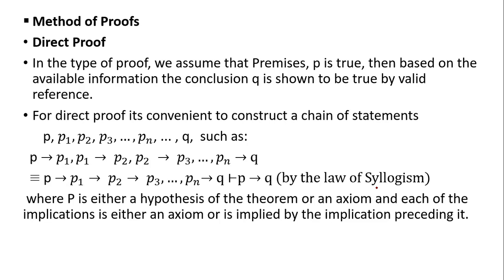So here, because it's a proof, we are going to have the theory, we are going to have axioms, or we are going to have a hypothesis. So whatever we are saying is based upon facts, not only on the premises.